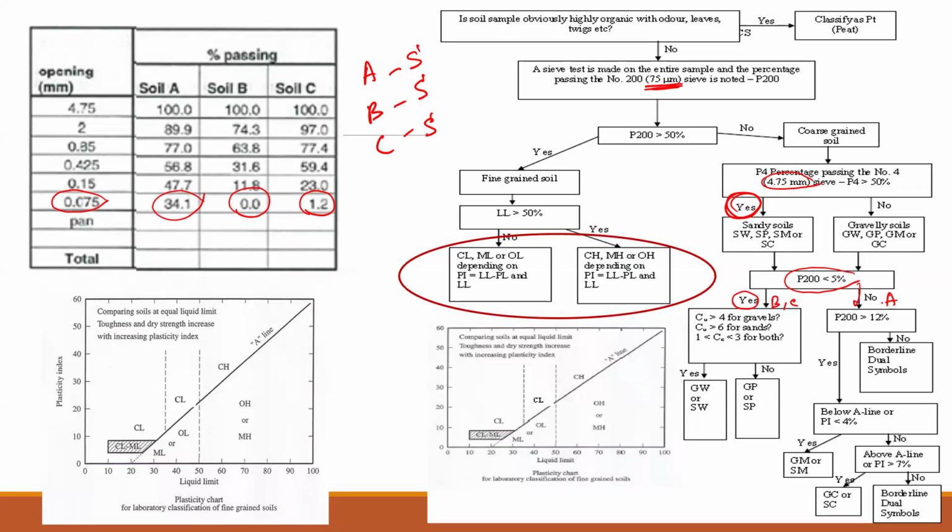Let's start with A. We need to look at whether this is more than 12 or not. Yes, it is 34.1, more than 12, so we go this way.